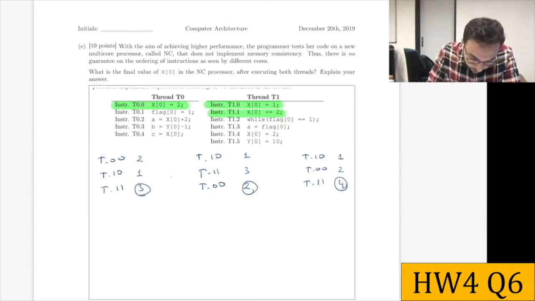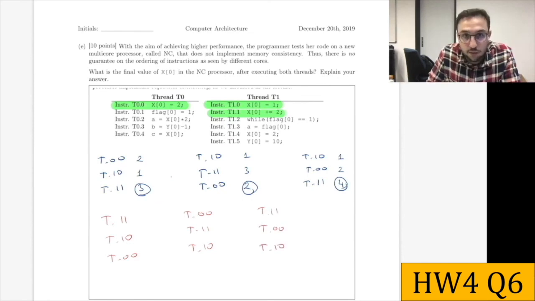Therefore, it implies T11, T10, T00; T00, T11, T10; and T11, T00, T10. Let's calculate what x0 gets in these three combinations.